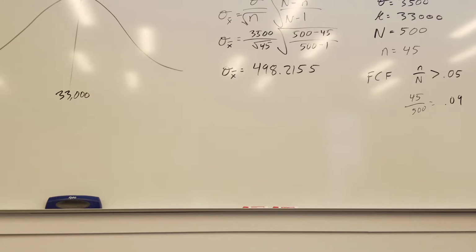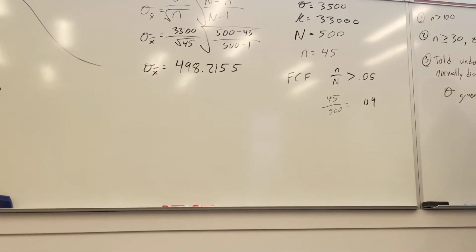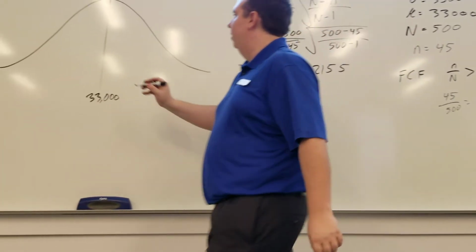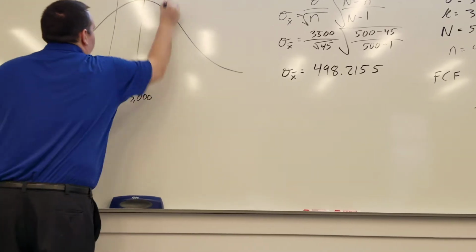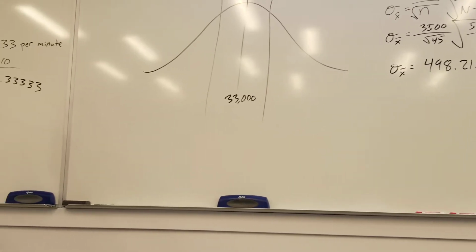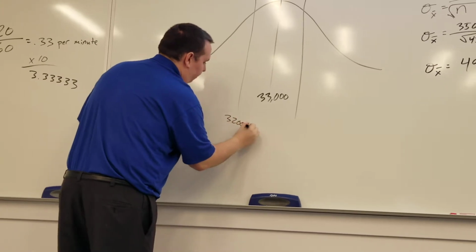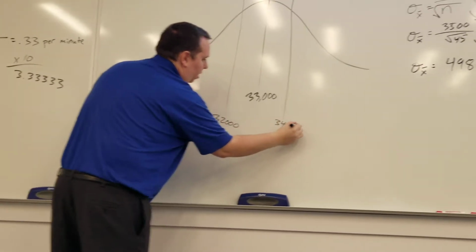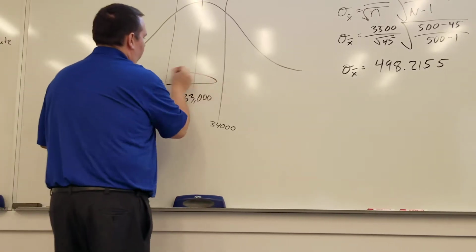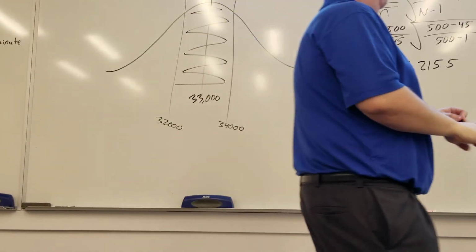So what do we need to do next? Find our z-scores, right? So we did all this work so that we could finally find our z-scores to figure out within $1,000 either way of our mean. So we want to find it for 32,000 and 34,000, because we want that probability in the center.